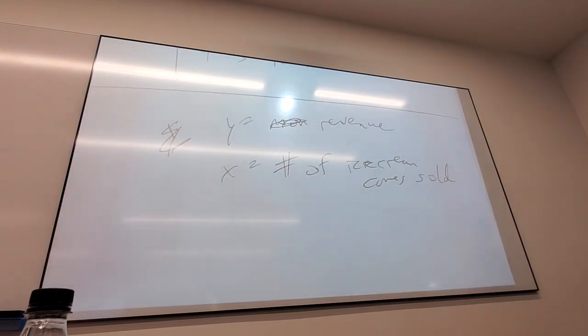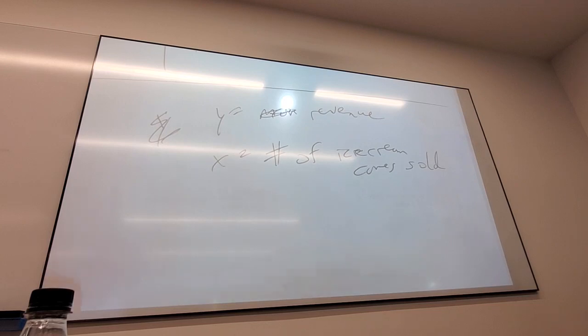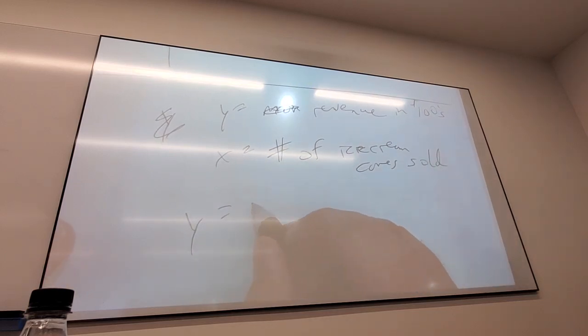And I get something like this, y equals... This is revenue in hundreds of dollars. So let's say I get 0.2x plus, say minus 10.